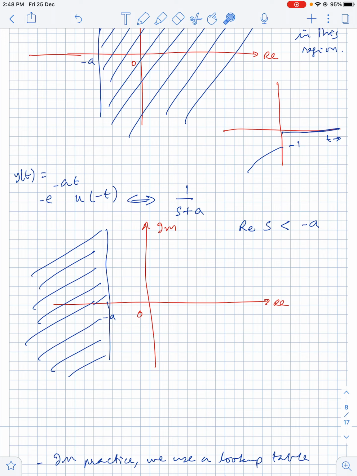Especially for systems which are unstable, or where you want to check the stability of the system, it is sometimes more beneficial to use the Laplace transform than the Fourier transform, simply because the Fourier transform may not exist. People in control theory use this quite a lot.